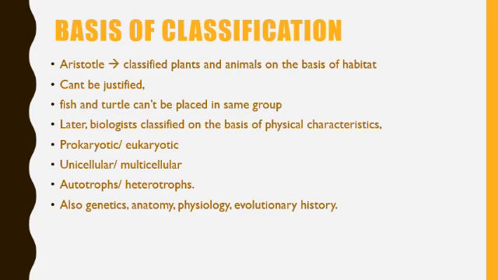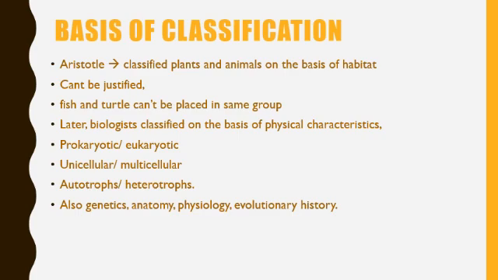The larger plants were trees, the smaller were bushes, and the smallest were grasses. He classified animals as aquatic and terrestrial. Aquatic means water living and terrestrial means land living.